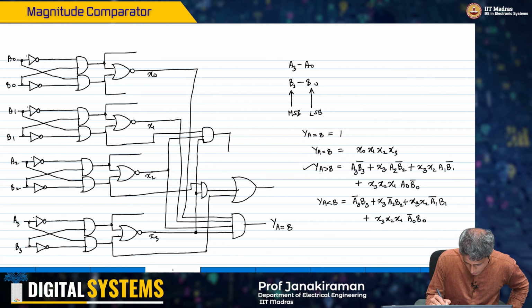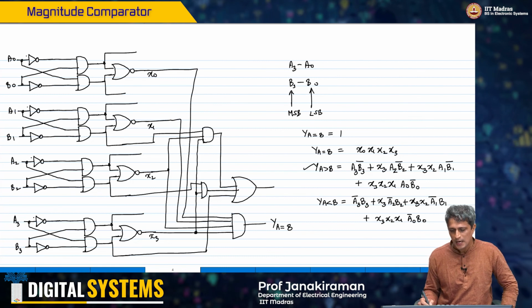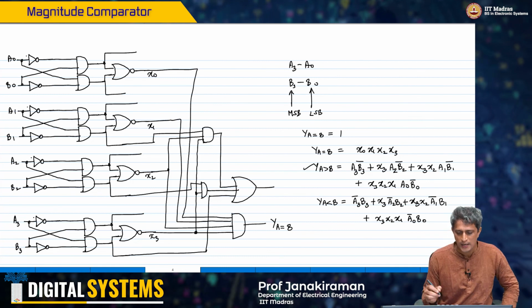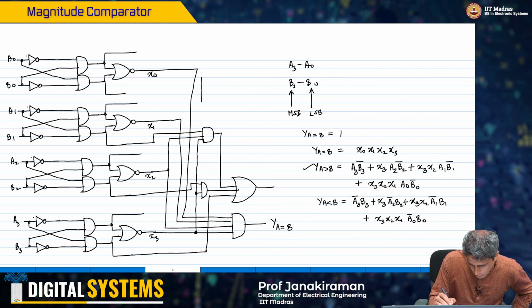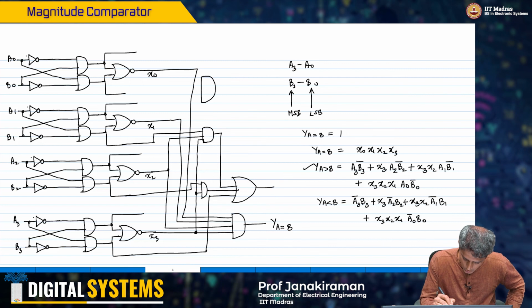And this is going to come as one of the inputs to this OR gate, right? And finally, I have x3, x2 and x1. So that will be a 4 input AND gate like this, okay.